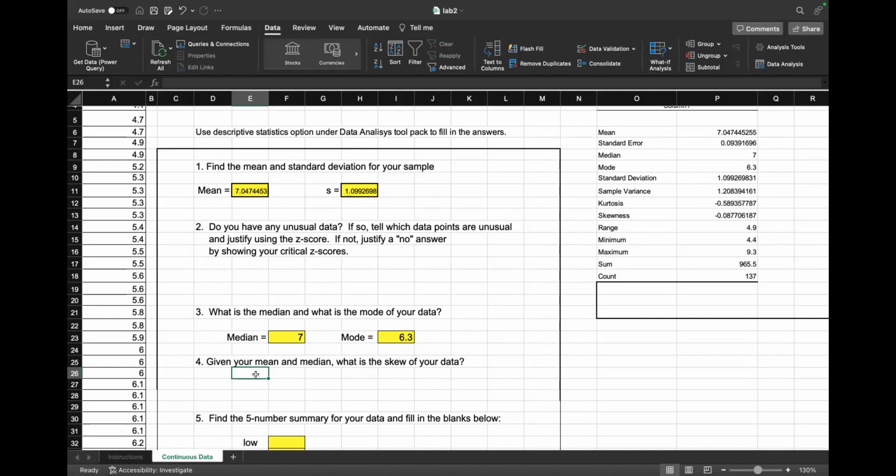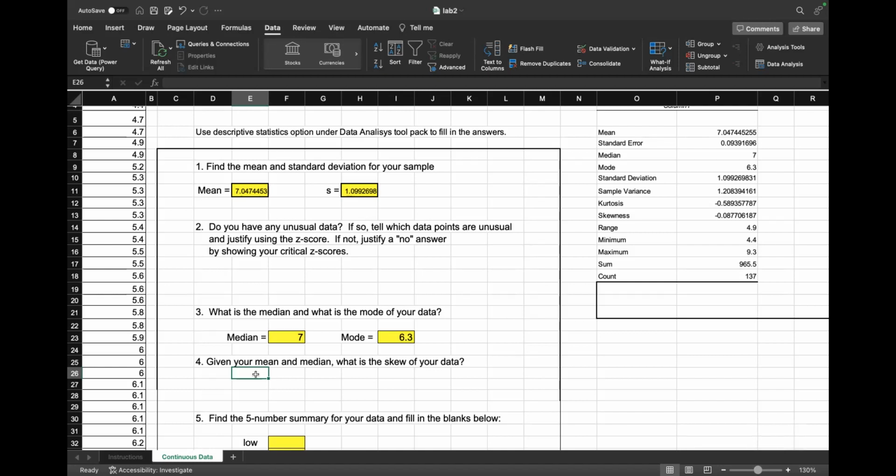Therefore, my data is roughly symmetric. So if yours is skewed, you're going to talk about it being skewed because my median is greater than my mean, or my mean is greater than my median. So you need to talk about why it's skewed based on the relationship between your mean and your median. If that makes any sense.